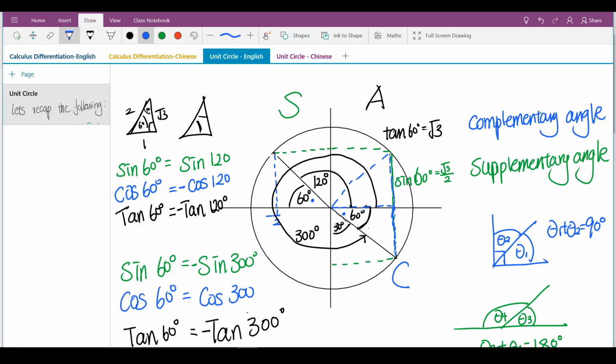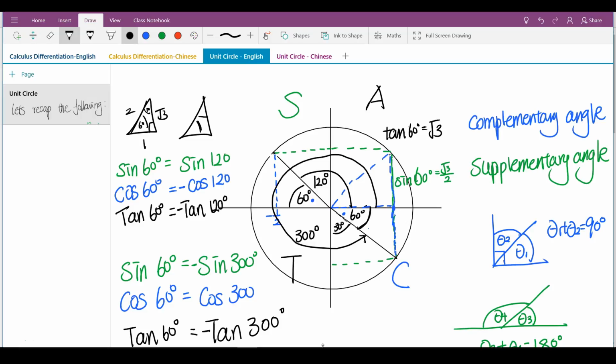All right. The last one is simply because tan is equal to sine over cosine. If one of them is negative, tan will become negative. But if both of them are negative, tan will become positive. Therefore, diagonally in the circle, so first quadrant and the third quadrant, tan is positive, right?